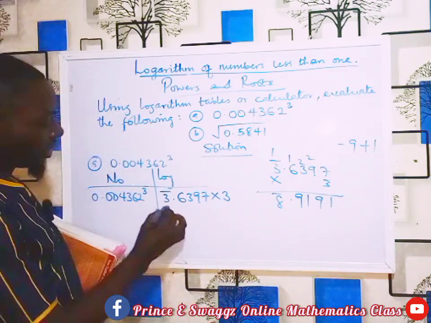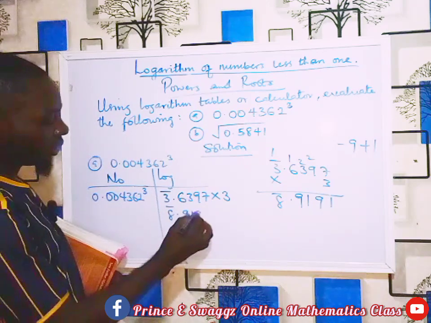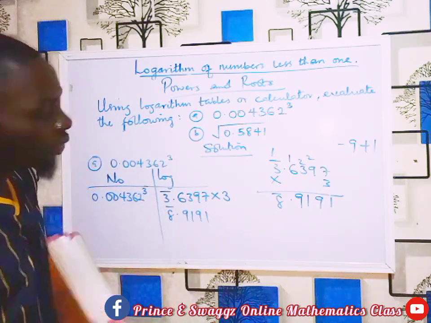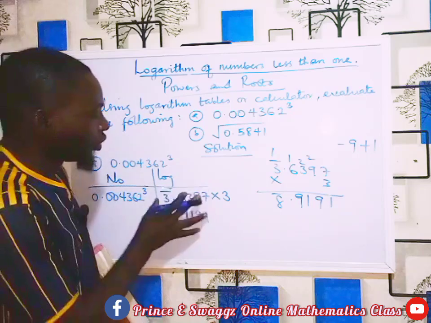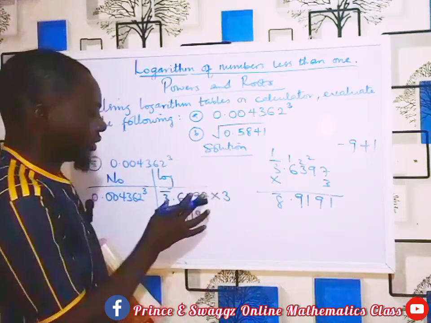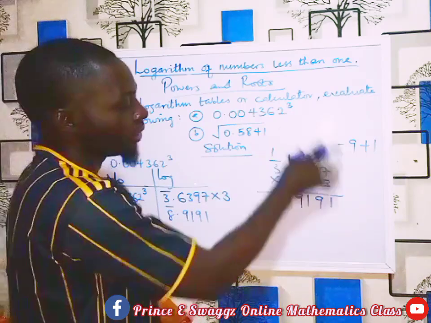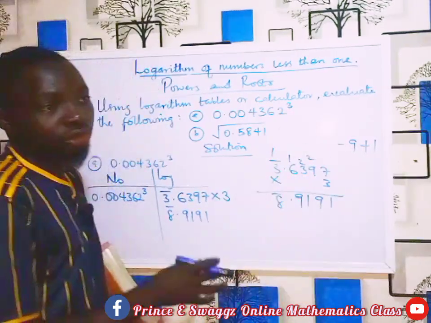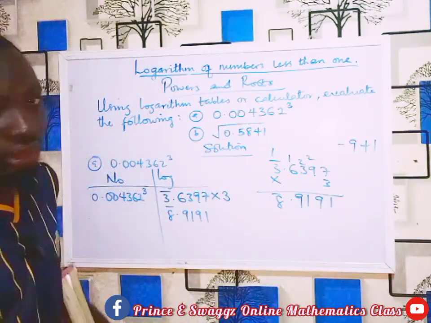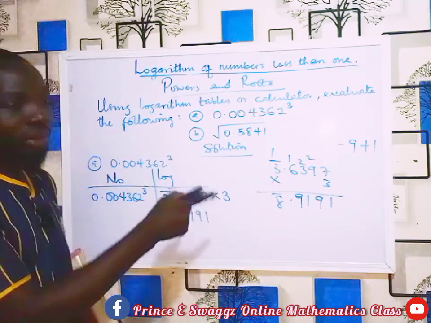So that is bar 8.9191. Whenever you want to multiply in logarithm and you have this type of thing, don't use a calculator, please. Do it manually to get your answer, because when you use a calculator, you might not get the same answer sometimes.